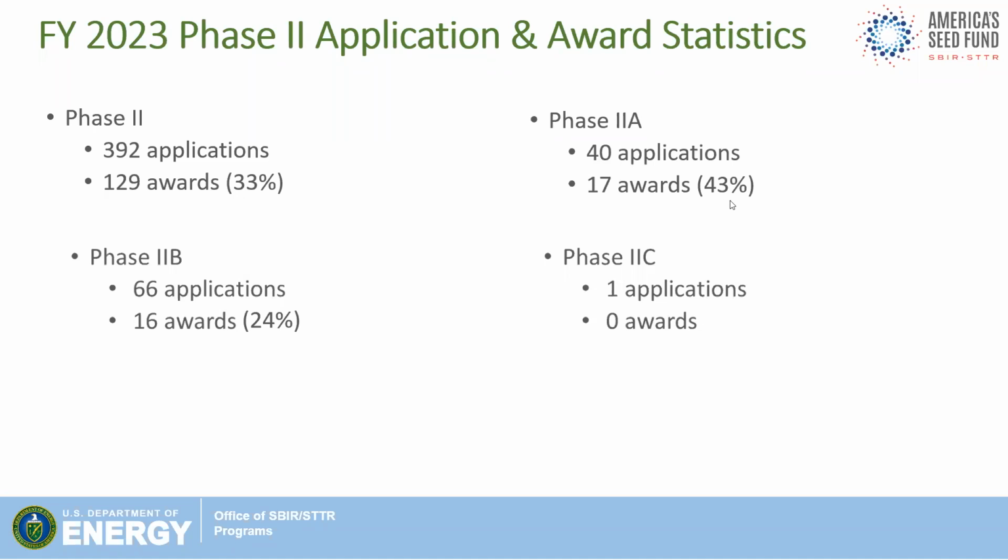That's a 43% award rate. And for phase 2B, we received 66 applications and gave 16 awards. And we only received one phase 2C application, and that one was not recommended for funding. So just so you know how the past phase 2 awards were distributed.